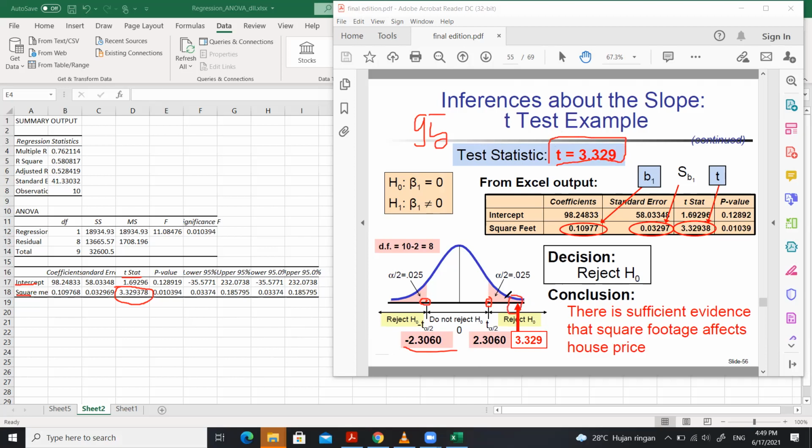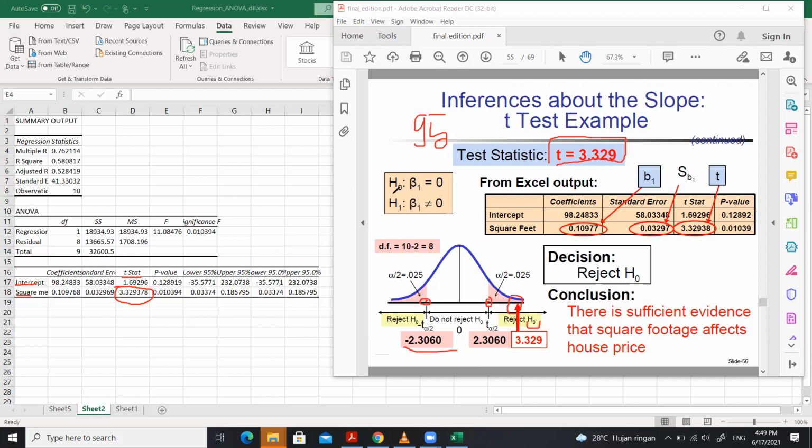Located here means that we reject the null hypothesis.